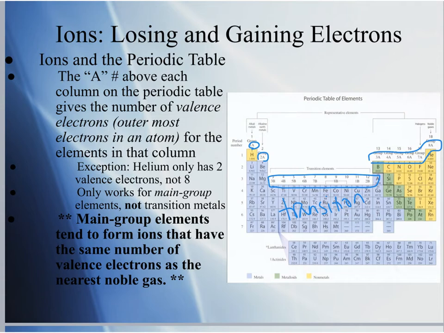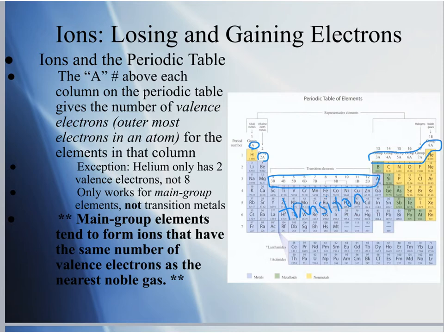When we talk about atomic structure coming up, we're going to talk about how electrons are in shells around the nucleus, like little orbits or rings around the nucleus. The farthest one from the nucleus is what we call the valence electron, and the number of valence electrons is that A number.